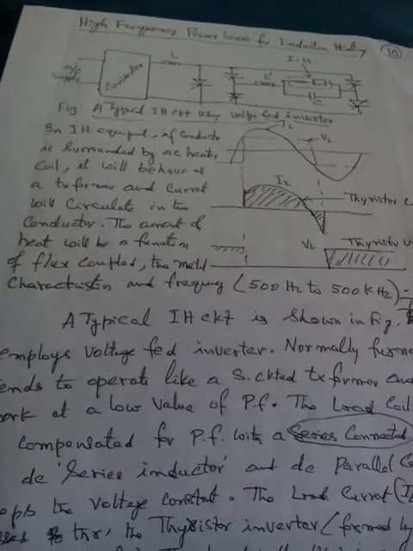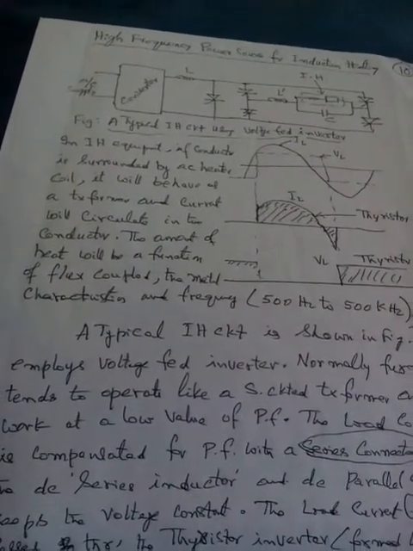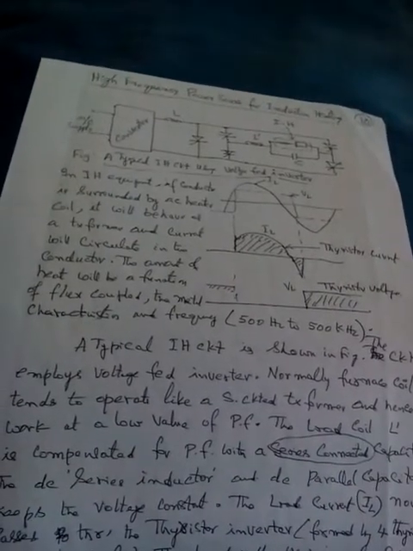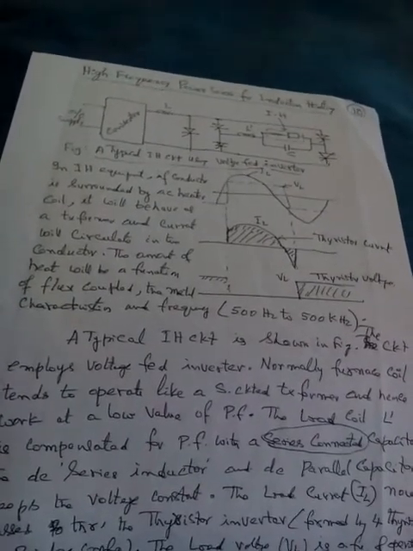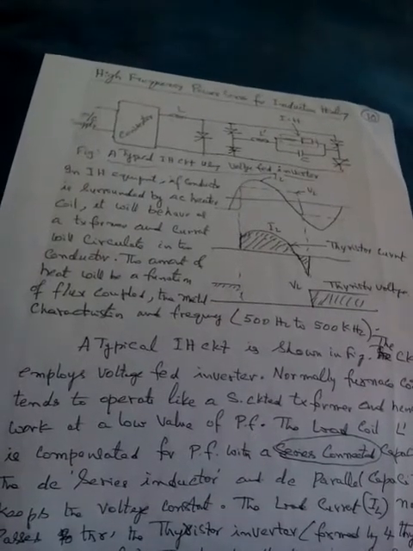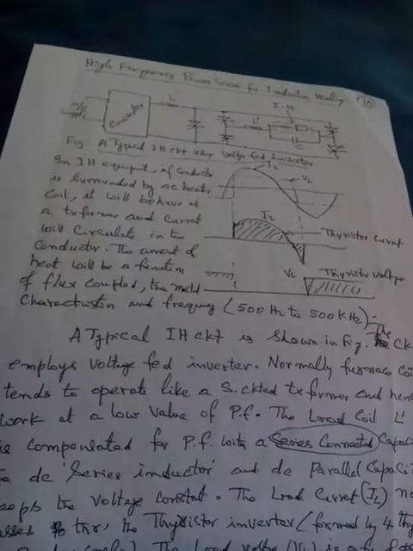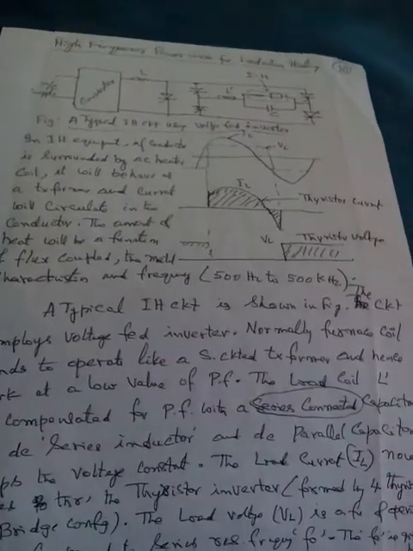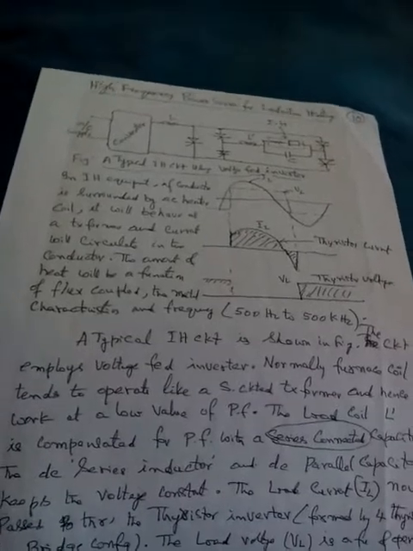Okay, that is a typical induction heating circuit. This circuit employs, of course, a voltage fed inverter. Normally, the furnace coil tends to operate like a short circuit transformer and hence works at a very low value of power factor. The load coil is compensated for power factor with a capacitor. The DC series inductor and DC parallel capacitor keep the voltage constant.